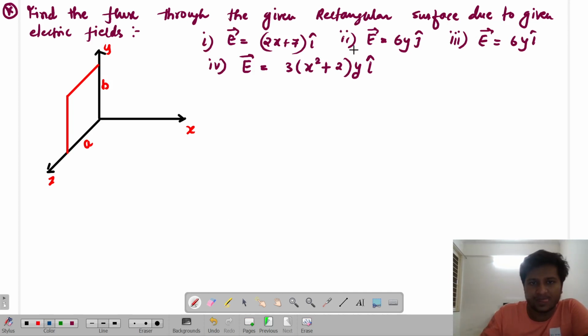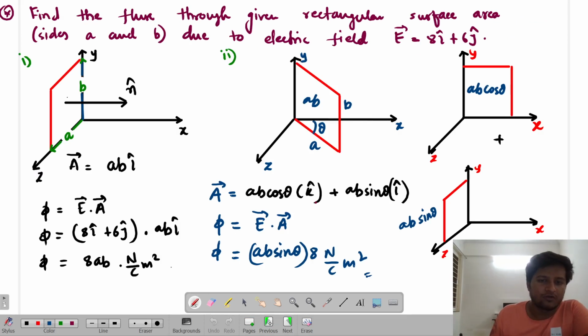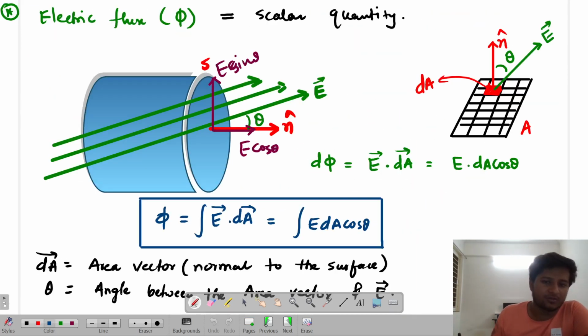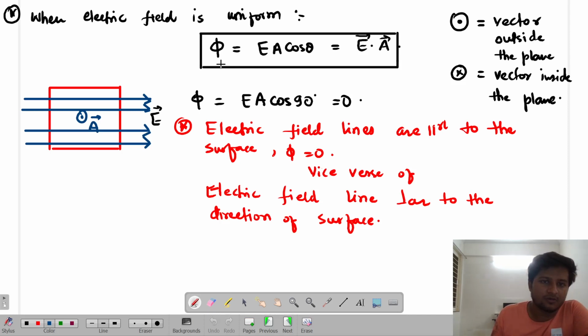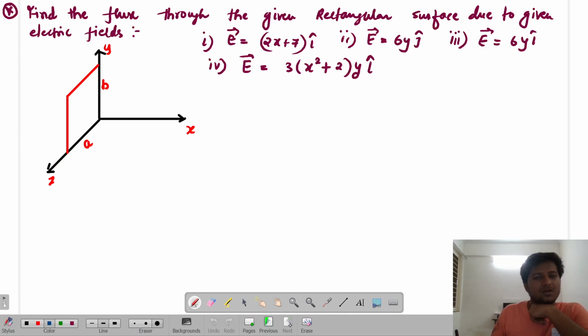Look over here, what kind of field is this? It is variable, so non-uniform. For non-uniform, what did we say we have to follow? Integration. In case of uniform fields only I have to take E dot A. Now see, I need to find for a particular electric field. If you look into the area vector, then the area vector will be written as what?